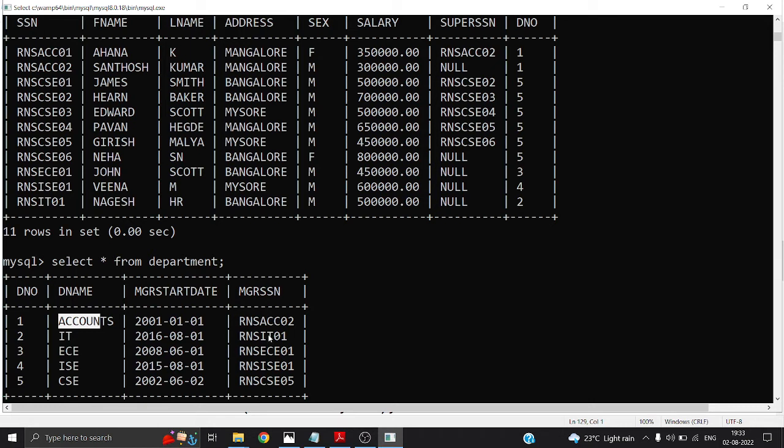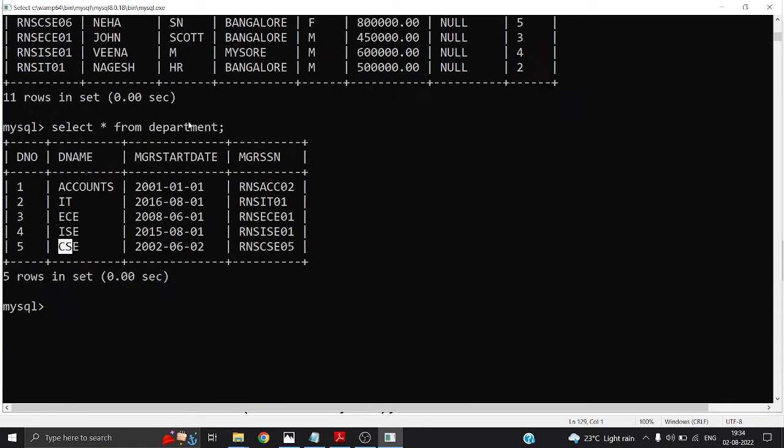And RNS IT01, that is Nagesh, is a manager for the IT department. And RNS AC01, that's John, is a manager for the EC department. Like that, RNS CSC05, that is Girish, is a manager for the CS department. This is the information of the employee and department tables.